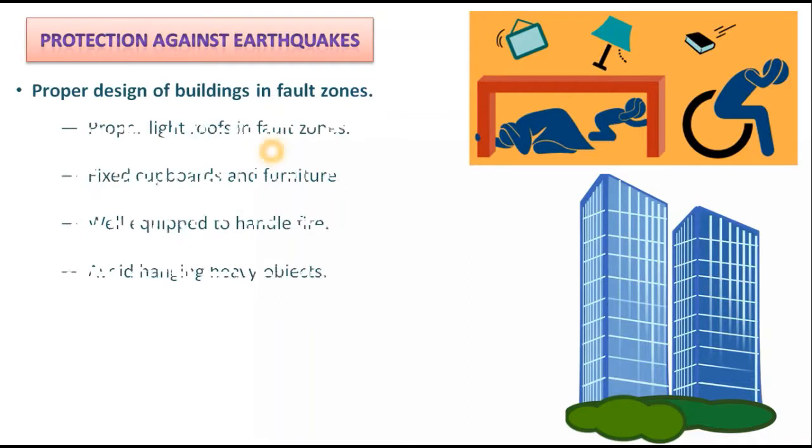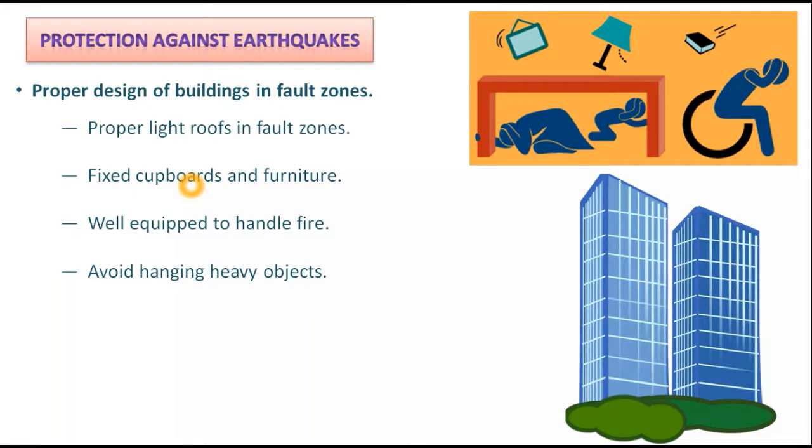We can use light roofs. Roofs should be lighter so that even if the building collapses, the damage caused by lighter roofs will be less as compared to heavier roofs. Fixed cupboards and furniture: if you have separate almirahs and cupboards, what happens when the building collapses? All the furniture also collapses, and falls on somebody and causes harm and injury.